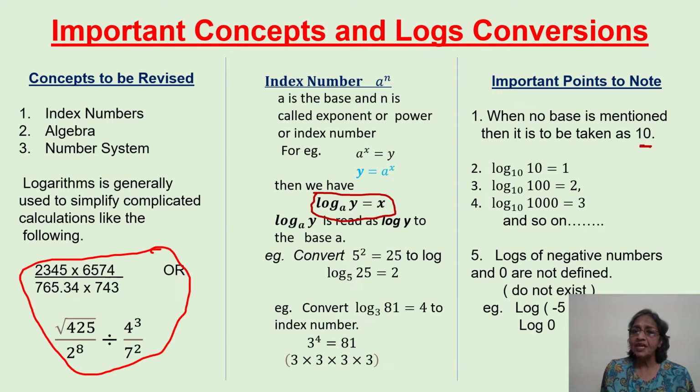So when I have something like log 10 to the base 10, it is equal to 1. Similarly, log 100 to the base 10 will become 2, and so on. The other important thing that you need to know is logs of negative numbers and 0 are not defined. So if you have something like log of -5 or log of 0, then they are undefined numbers.